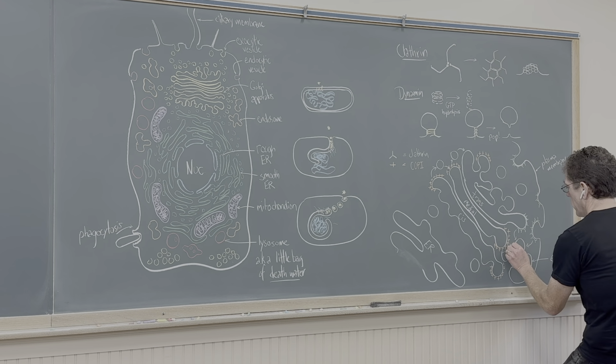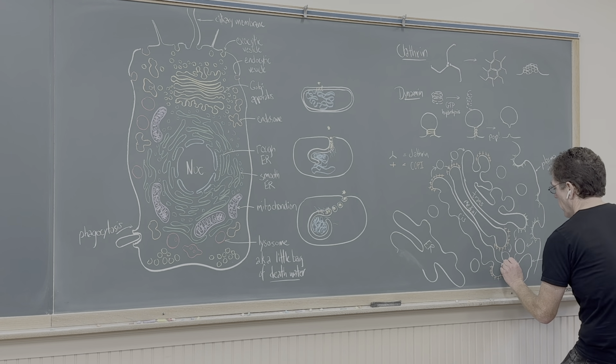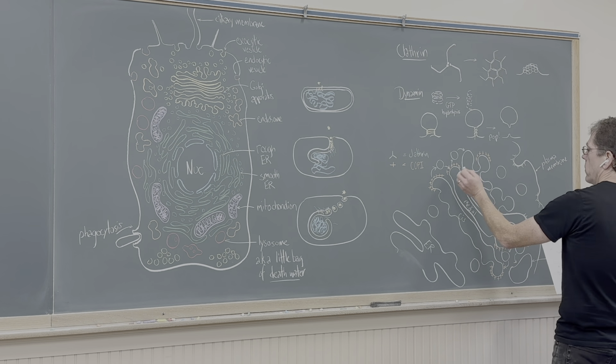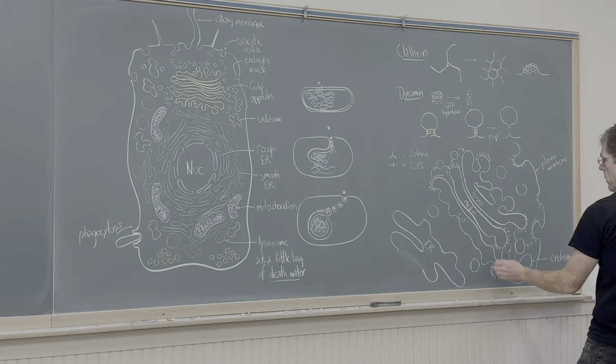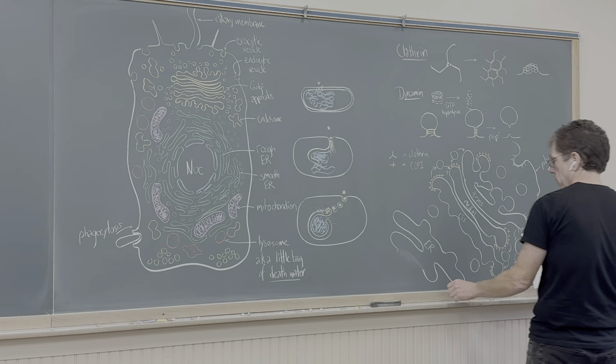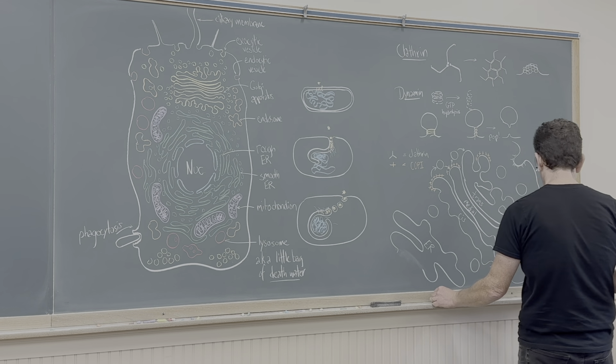Note, some of these are going to be going forward, that is, from cis to medial or medial to trans. Some of these events are going to be taking membrane backward through the Golgi stack.